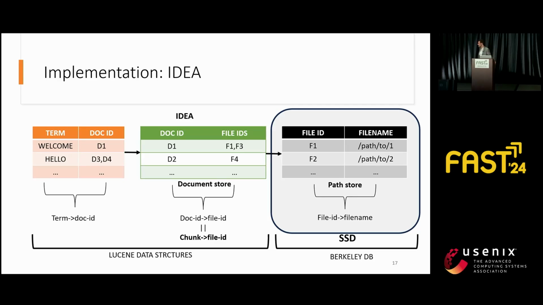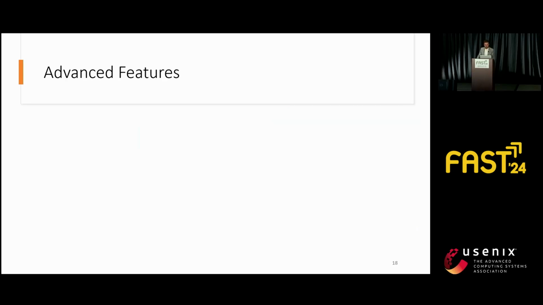And we stored that path store on an SSD. It was fairly small. It was just the file names, and we used that it is small to be able to store it on SSDs. And that's the base implementation, the core implementation of the system.